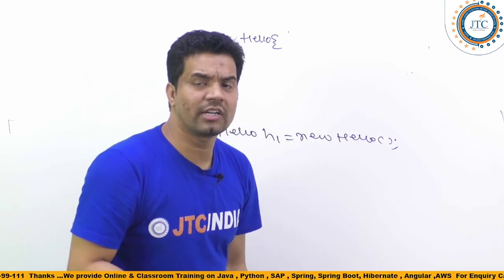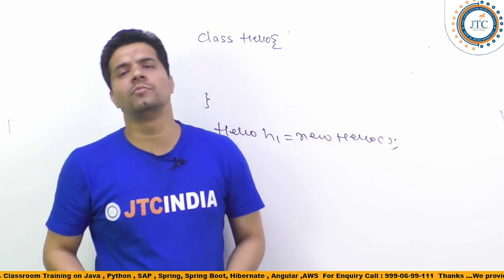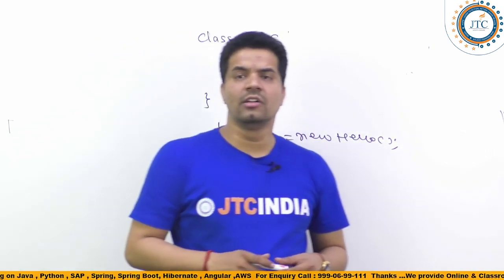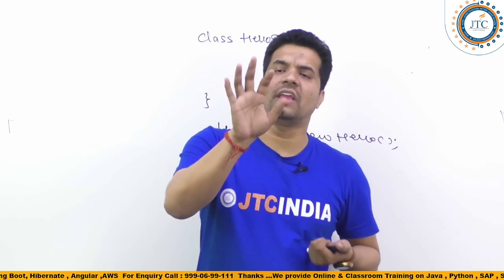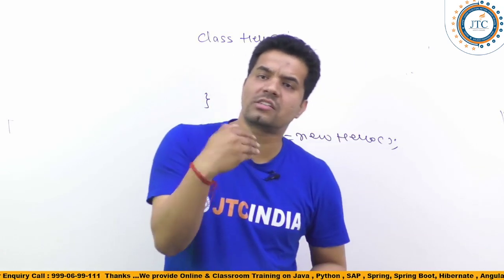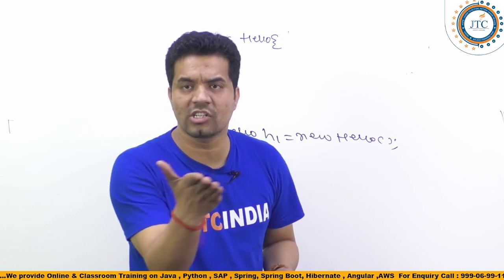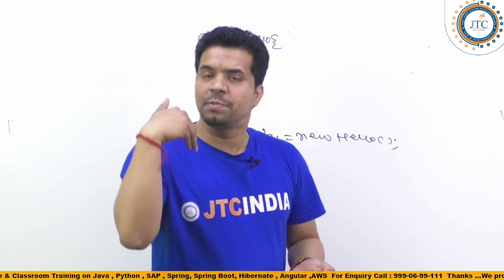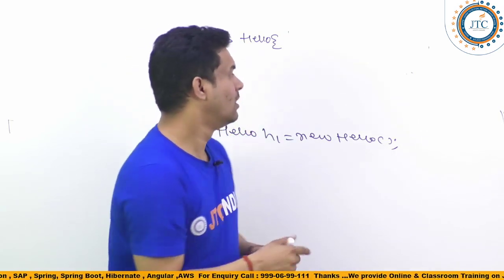When I talk about the amount of memory, you cannot say how much will be allocated, and there is no fixed size of any object. There is no fixed size saying this will be the size of each object. No specification has been given for the size of any object.